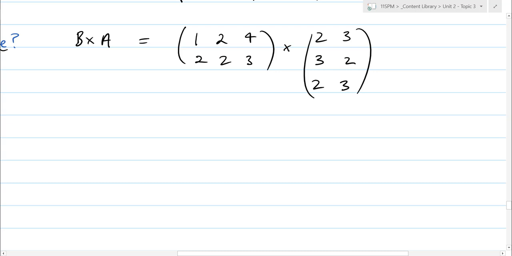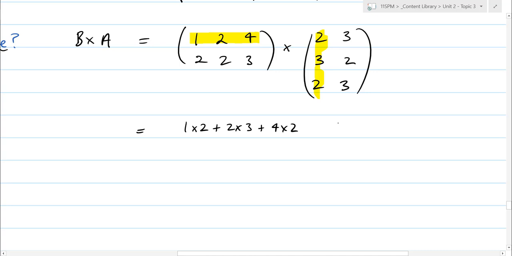So what's the arithmetic here? For my 2 by 2 matrix, I take the top row and multiply it by the first column, and this time I get 3 things to multiply: 1 times 2 plus 2 times 3 plus 4 times 2.